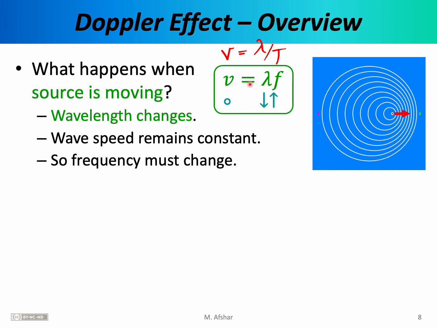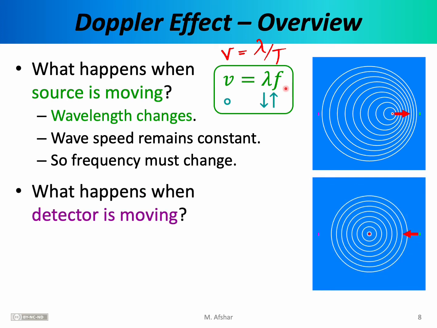So according to this equation, if V remains constant, and I've represented that fact by putting a circle underneath the V, and lambda changes, then F must change. If lambda happens to go down, then F must increase. But of course, if lambda increases, then F must decrease. So this is the essence of the Doppler effect. Motion of the source causes the measured wavelength to change, and that forces the frequency to change.